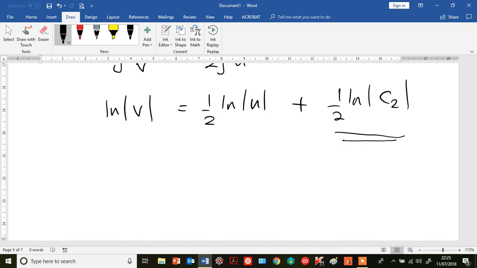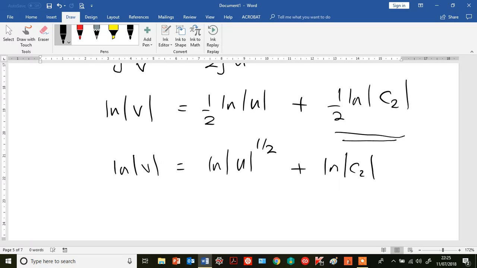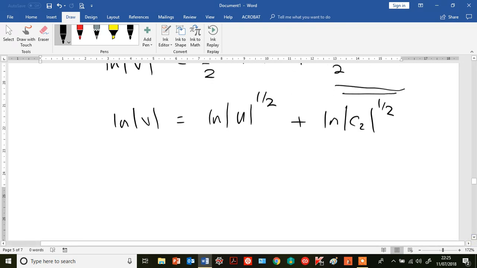So it helps to have a half of logarithm of whatever term this is here, because when we take anti-logarithms, we've got v equals, well, let's just not jump the gun too much. We'll just write down log of v equals the log of u to the half plus log of C2 to the half. Okay, right, that's what you can do with logarithms.